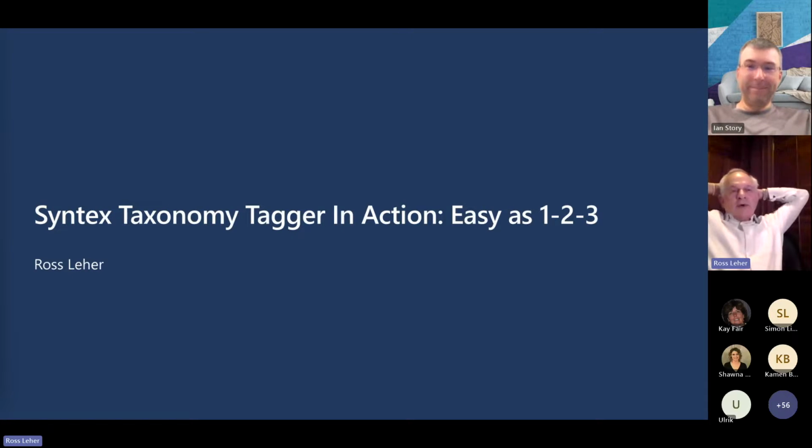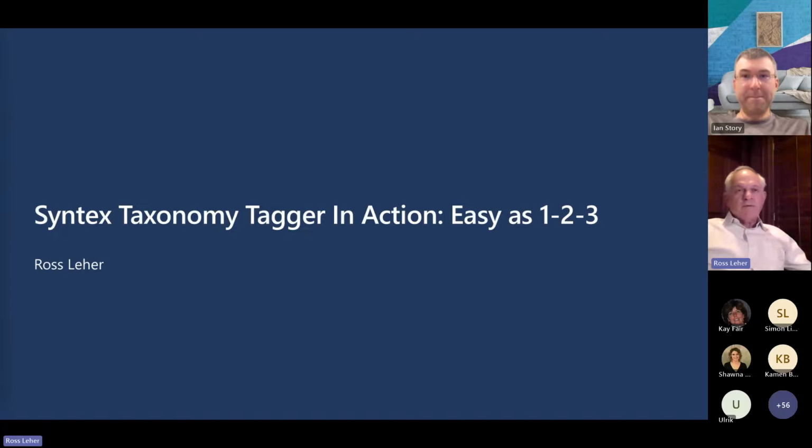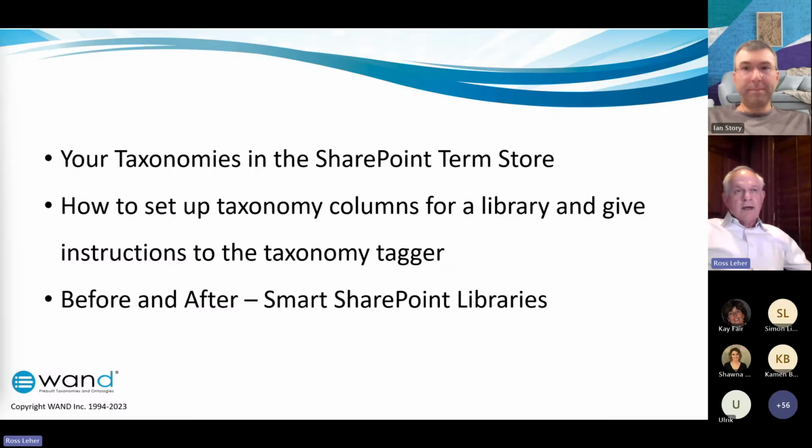What we're going to do next, and I think Shreya's shown you a very good view of the taxonomy tagger in action. I'm going to show you another view of it, very similar, but a little bit more extensively. The taxonomy term store in SharePoint is where the taxonomies reside. We're going to show you how to set up a column for a library, give instructions to the taxonomy tagger, and look at some before and afters.